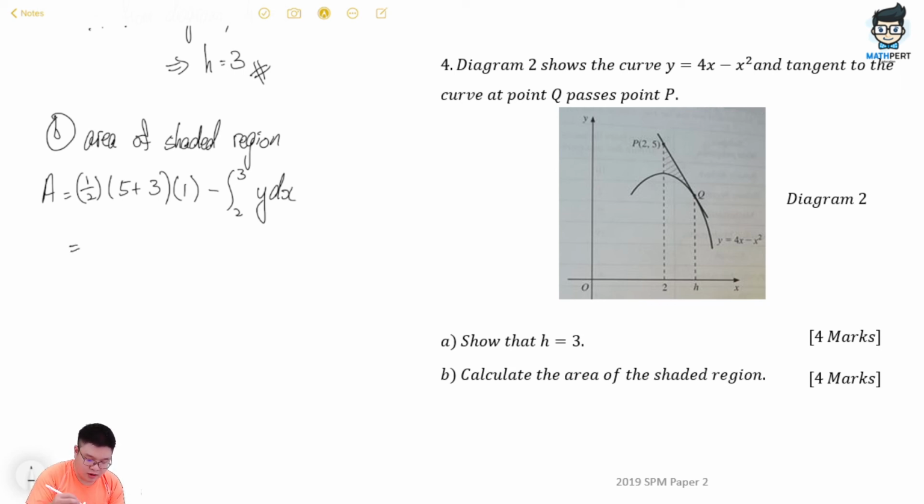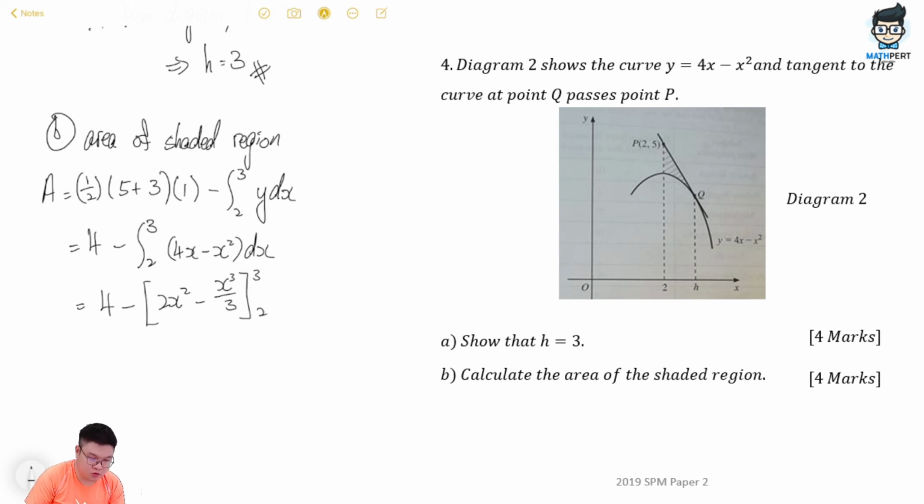Half multiplied by 5 plus 3 multiplied by 1 gives 4 here. Then we integrate from 2 to 3 of 4x minus x squared dx. We integrate 4x and get 2x squared, and we integrate x squared and get x cubed over 3, with a minus sign.